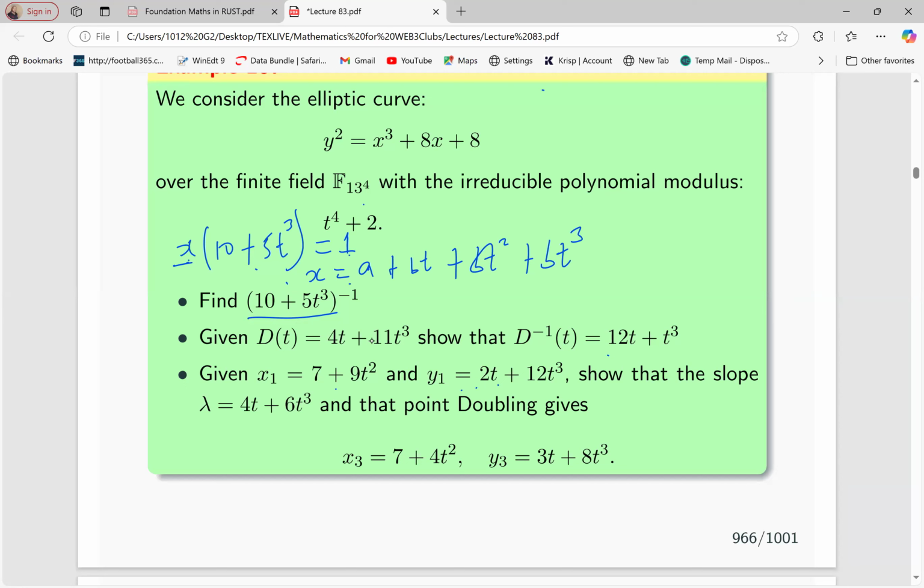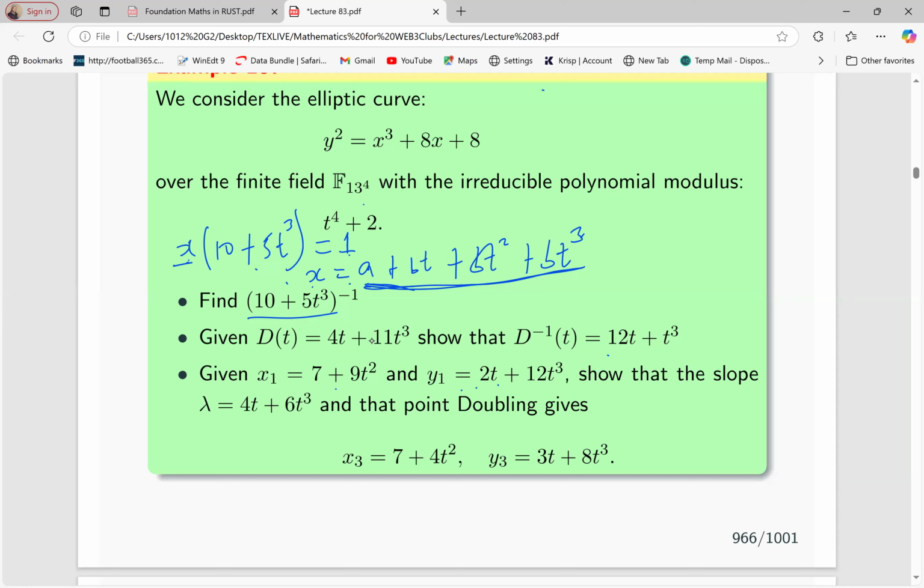The inverse is supposed to be a point x of this form. Remember, if it goes beyond t cubed, if it becomes t4 or t5, you reduce it back. So it's supposed to be of this form.